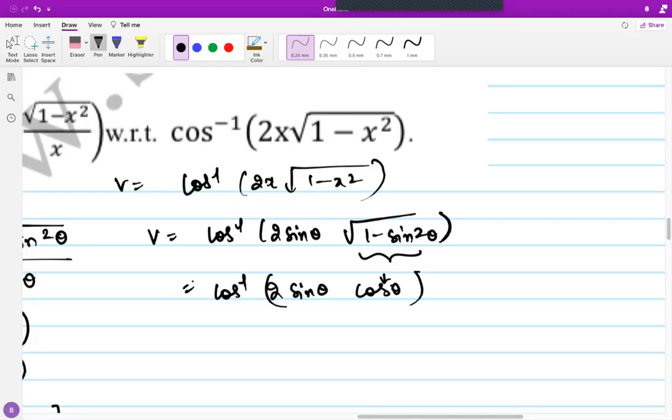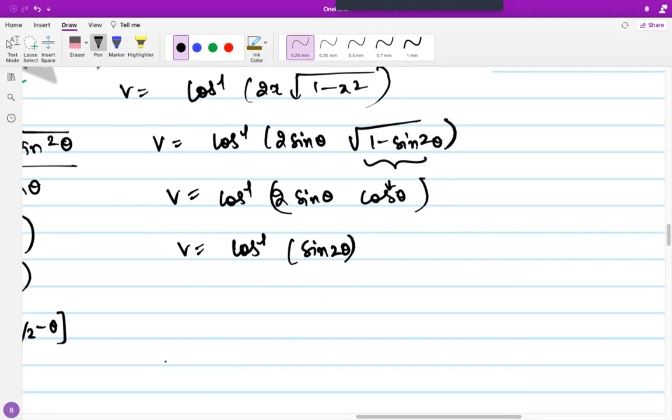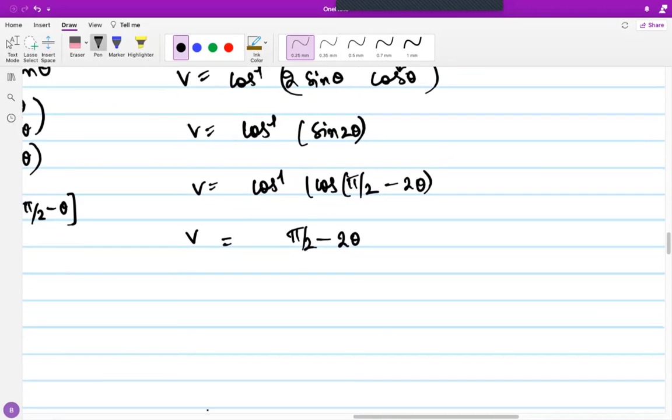You have already guessed this formula, that is cos inverse of sine 2 theta, and again here it is pi by 2 minus, so here it will be cos inverse of cos of pi by 2 minus 2 theta. So what happened, cos inverse of cos of pi by 2 minus 2 theta, which is v.